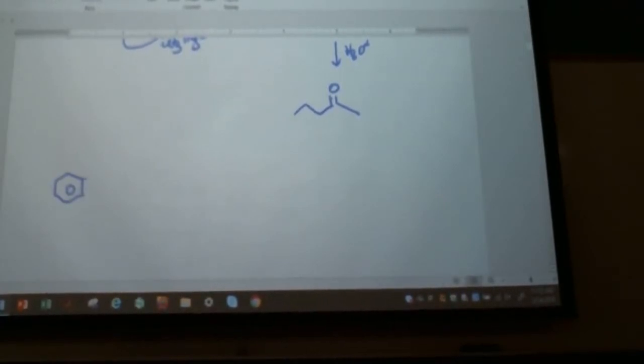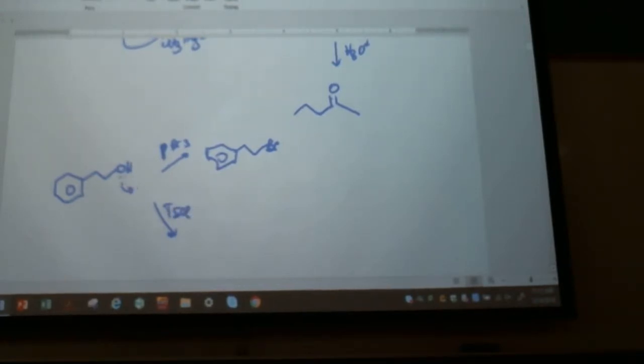Alcohol is an awful leaving group. So if we're going to do an SN2 reaction, we need to convert it into a better leaving group. One possibility would be to convert it into a halide. But another possibility is to use tosyl chloride.